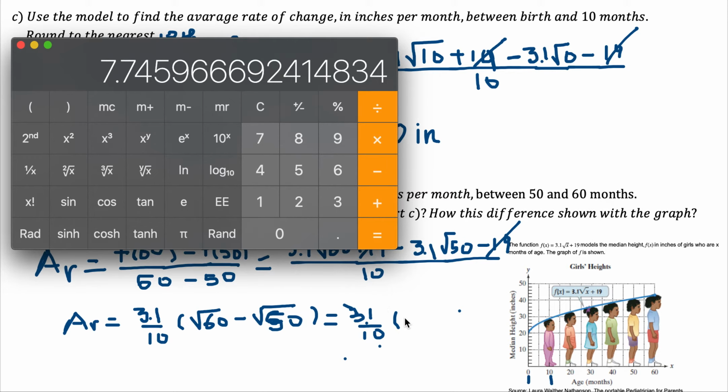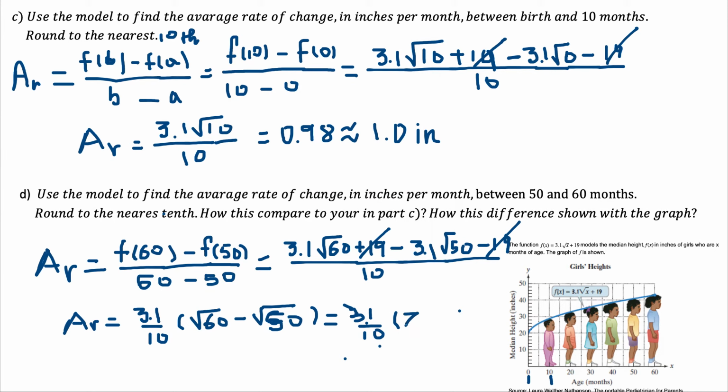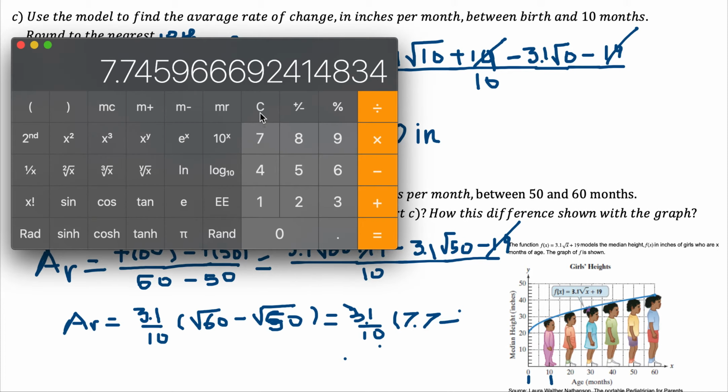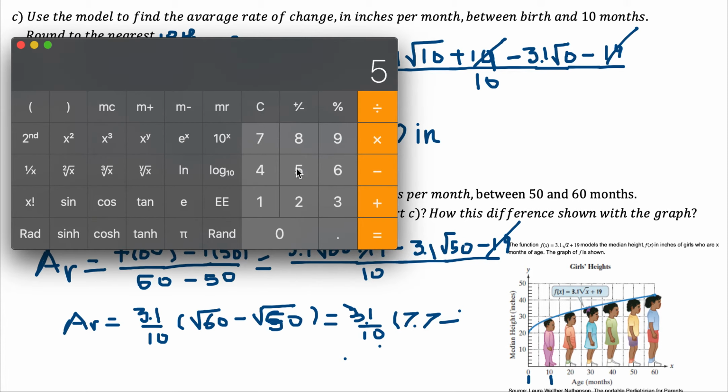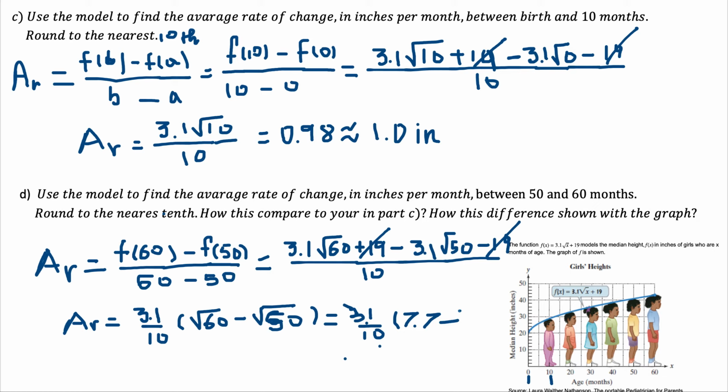Let's say 7.7, because we are rounding to the nearest tenth, minus. Now we are looking for the square root of 50. For the square root of 50 we get 7.07, which is 7.1 if we round to the nearest tenth.